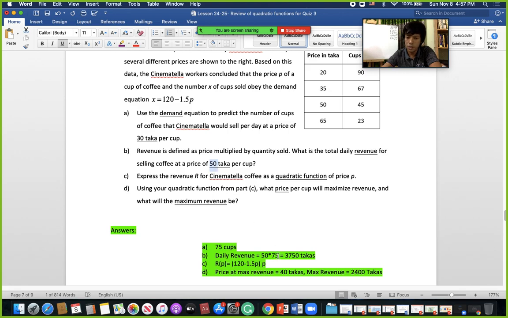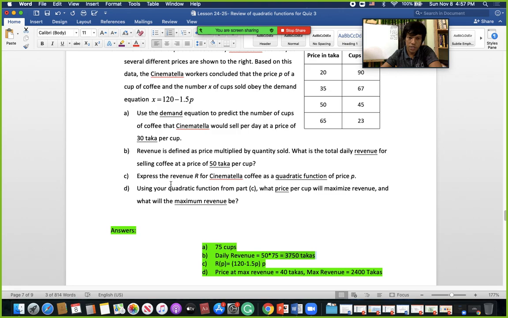So total will be 50 into 75, the value we obtained from A. They sell 75 cups of coffee in one day, and each coffee is 50 taka. So total will be 3,750 taka in one day.